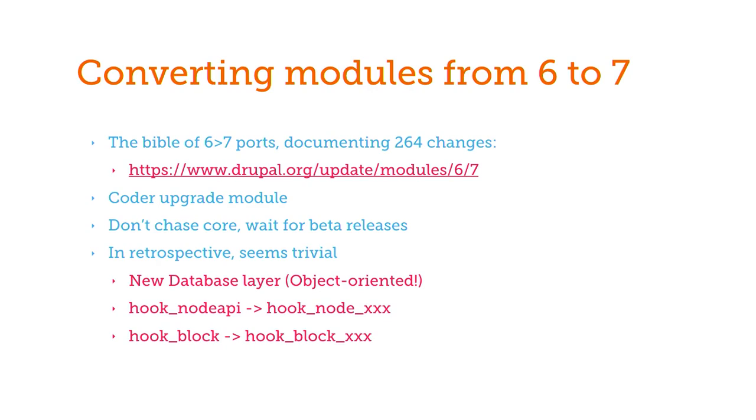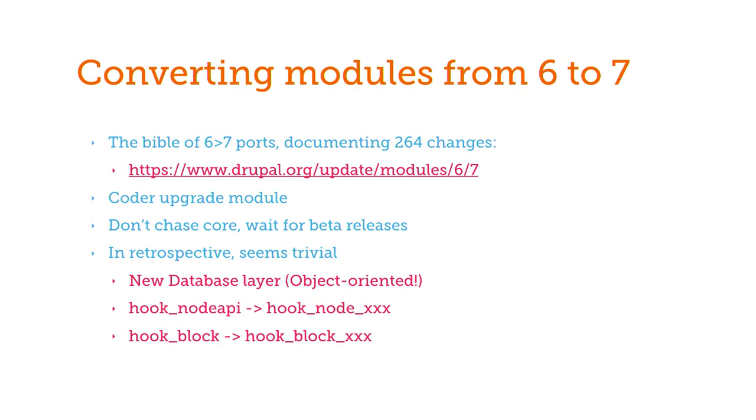There was also the coder upgrade module that some of you might have used to try to upgrade your modules. I don't think I really used it for print in that sense, but I did use it on other occasions.